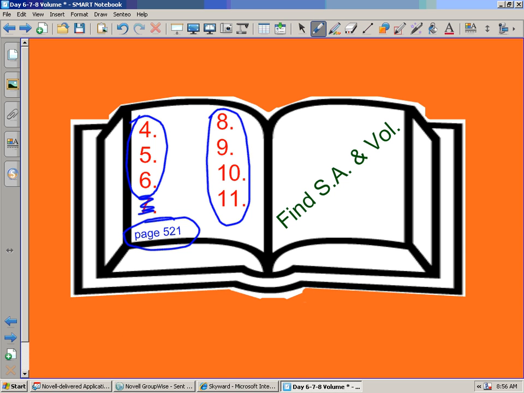Now that's only 7 problems, but you're going to find volume and surface area for both, so there's actually going to be 14 answers. The directions of the book may say just to find the volume, but I would like you to find the volume and the surface area. Actually, it does say surface area for the top half, but I'd like you to find volume and surface area for all of them.